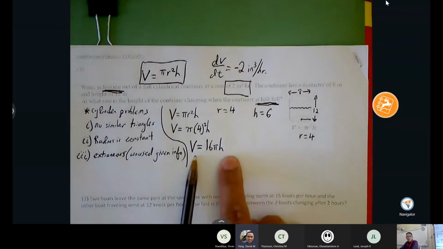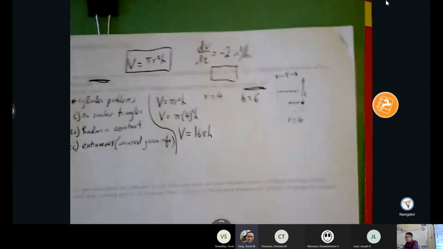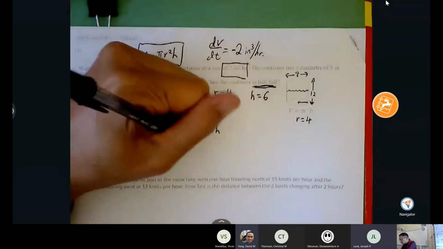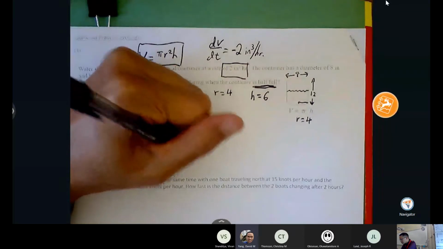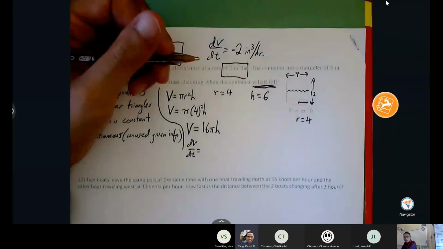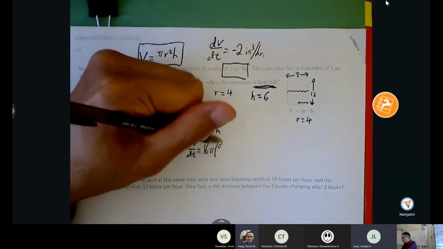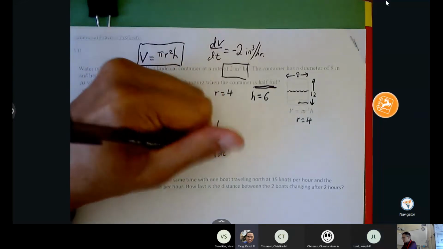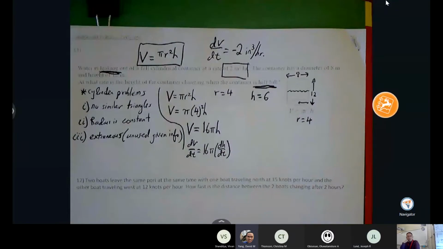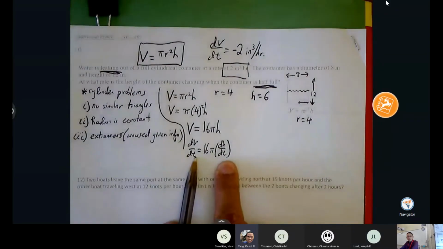Okay, all right, so let's find the derivative, right? V becomes dV over dt. All right, 16 pi h, 16 pi dh over dt. Now we can start plugging information in, right?